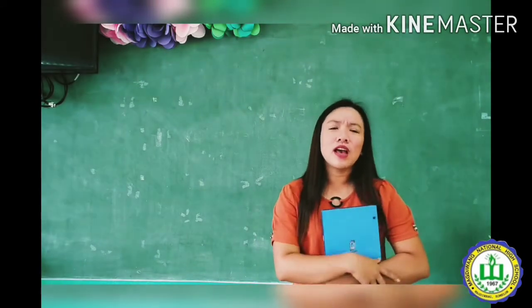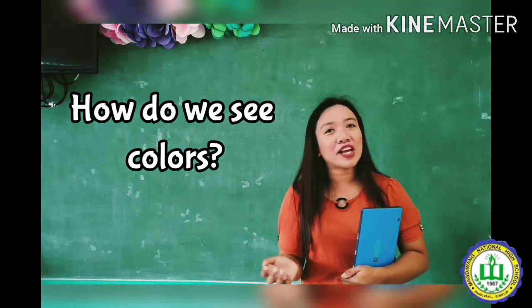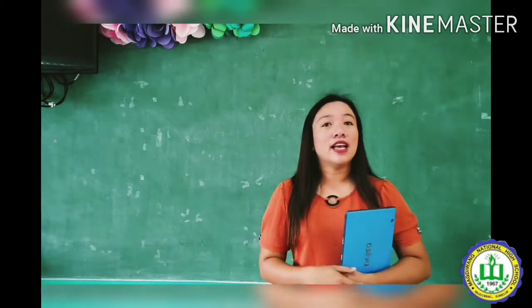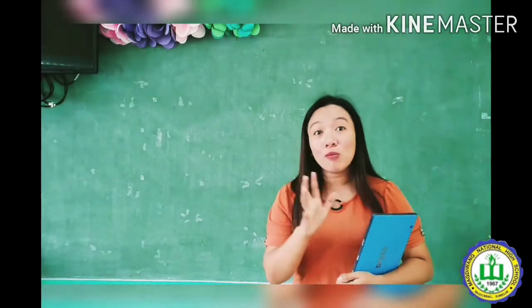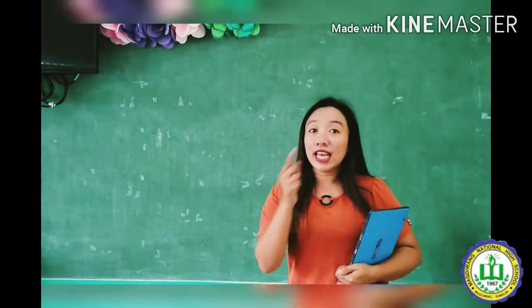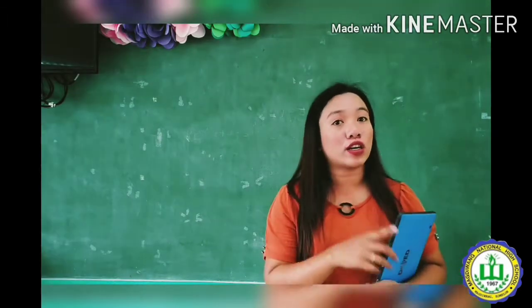The last question, how do we see colors? Paano nga ba tayo nakakakita ng iba't ibang kulay? Visible light is a small part within the spectrum, right? Where human eyes can detect and are sensitive to. It is of different frequencies and each frequency is a particular color.